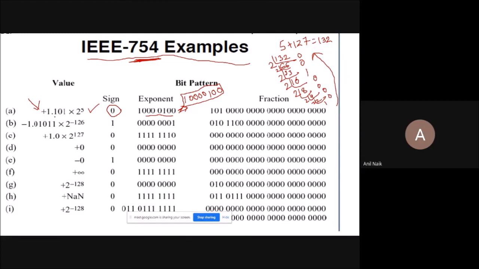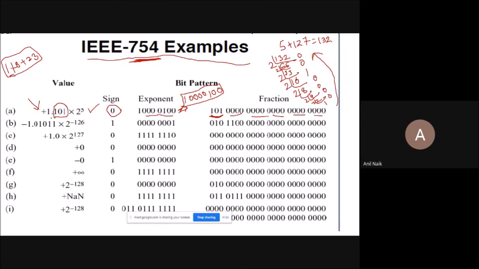Then the fraction part. What is the fraction part? 101. Okay, the fraction part is 101. And after that, how many bits does the fraction have? It's 23. 1 bit for sign plus 8 bits for exponent, and 23 bits for the fraction, the mantissa part, in single precision. So now we have 3 bits, and the remaining 20 bits, 4 into 5 is 20, so you have to add 20 zeros to make it 32 bits.